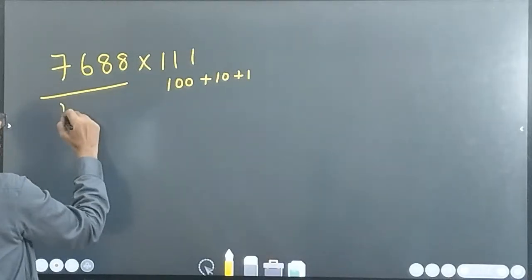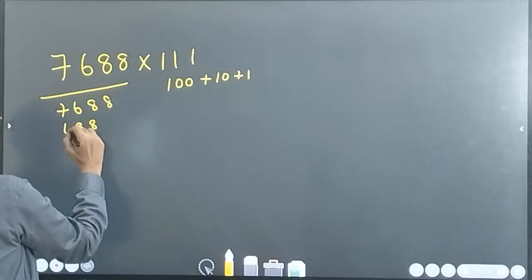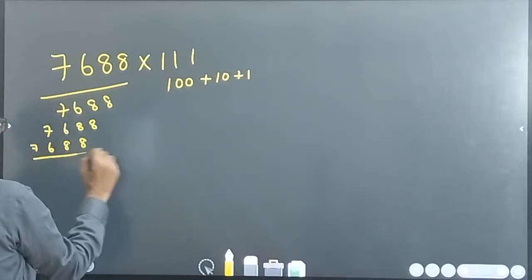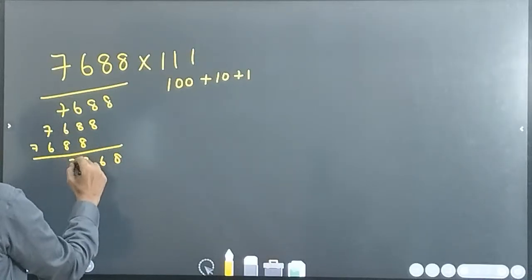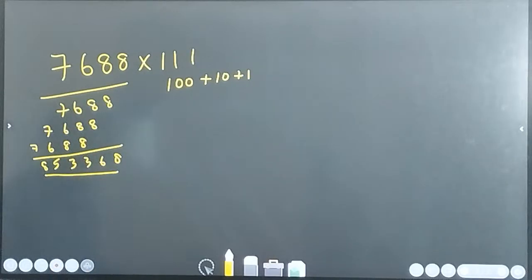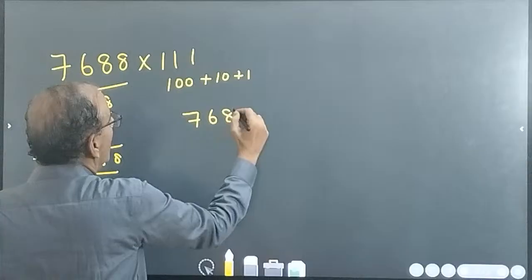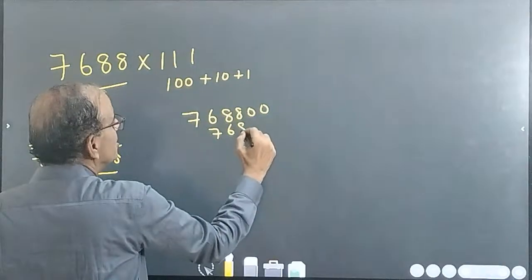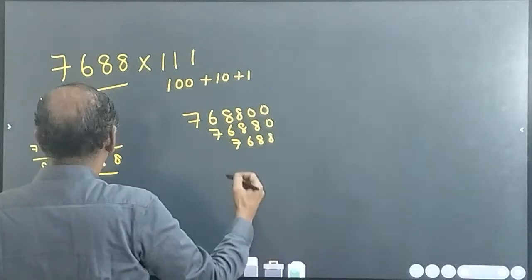Normal method you can do. You can add. You can do like this. Otherwise, 7688, 100 means how many zeros? Then 76880, 768800, 7688. Okay, if you add, you get the answer.